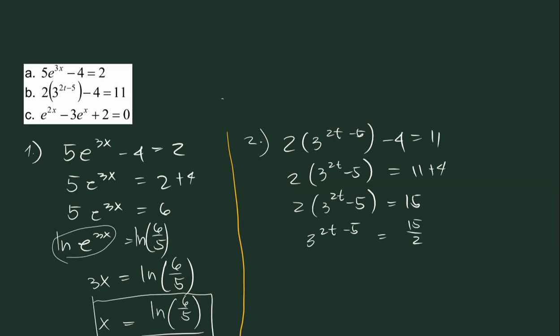Okay, so how are we going to find t? So we use the inverse property again. So we take the log of both sides, and we use the base 3, so that we can apply the inverse property.